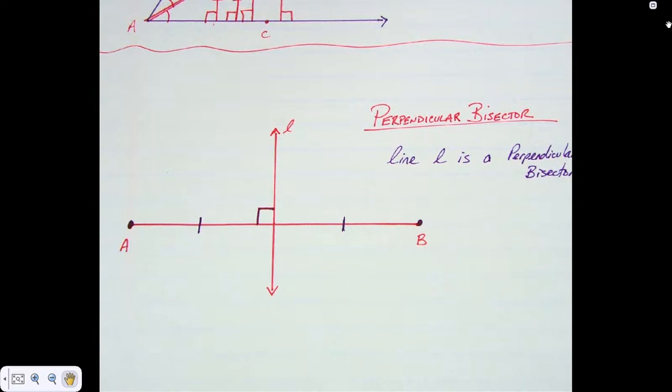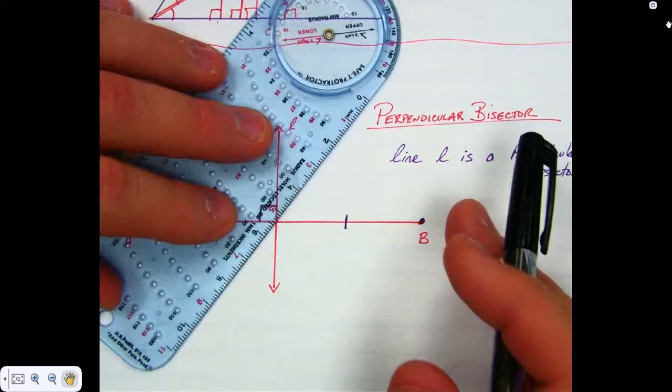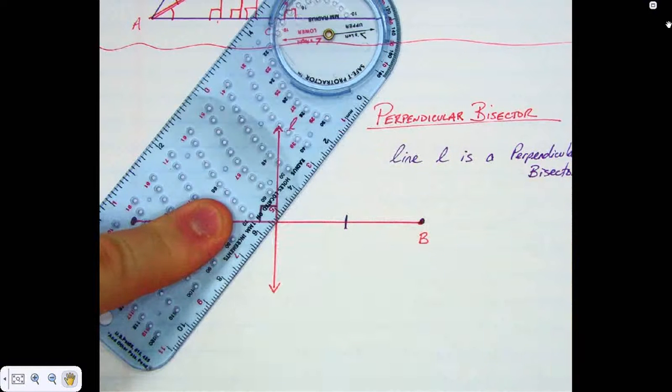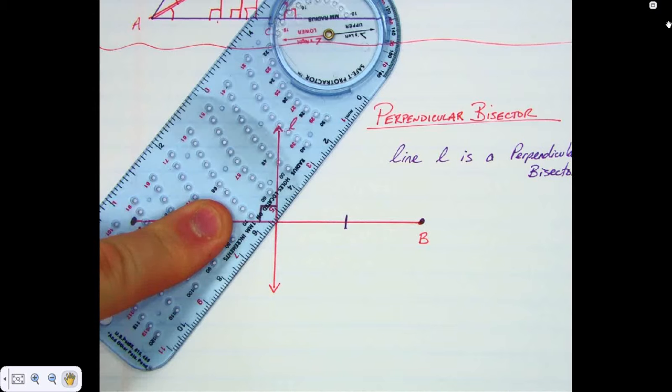If I draw a line like that with the edge of this ruler, would that not be a bisector? It would be, it's just not a perpendicular bisector. Why? Because is this line perpendicular to that line? No. So it's not a perpendicular bisector.